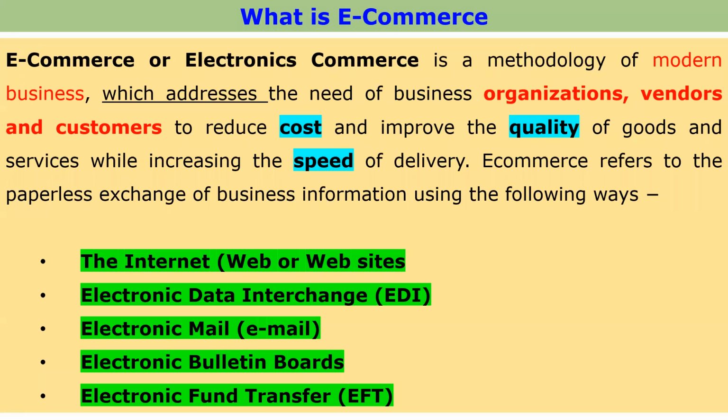Because of e-commerce transactions, these parties get benefits: reducing cost, improving the quality of products, and speed of completing the transaction. Right. At the bottom, it explains some categories we can identify as e-commerce transactions. Transaction through the internet, then electronic data interchange, that means any type of document communicated between devices.